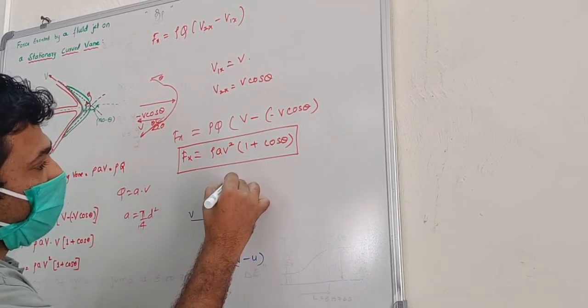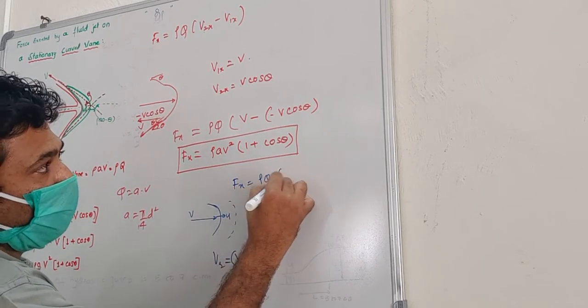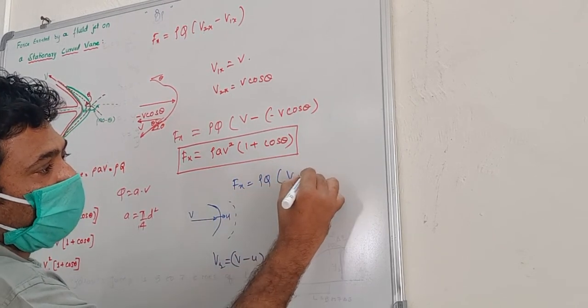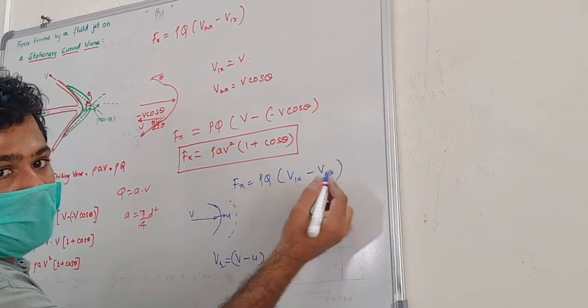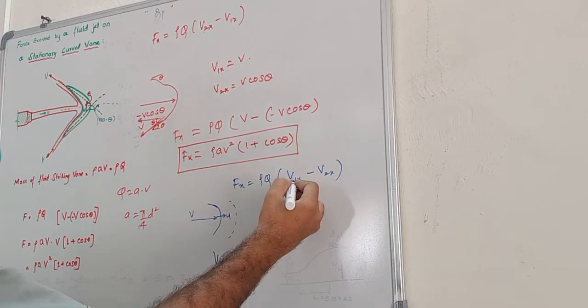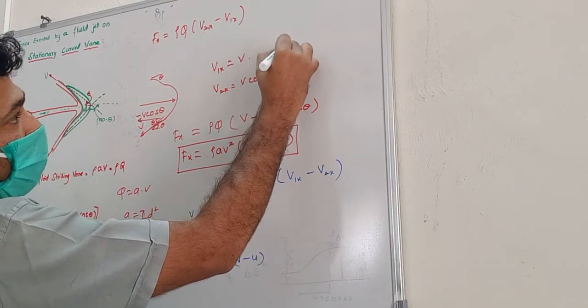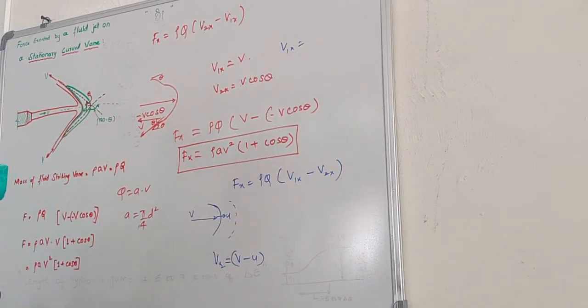Now what will be the change that happens in the equation? I'll write here. Fx equals, we all know, rho into Q into (v1x minus v2x). Why do we do v1x minus v2x? I explained it earlier. So again, going back to find out what is v1x. In the earlier example I considered the velocity of the jet.